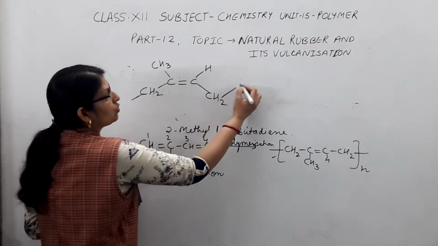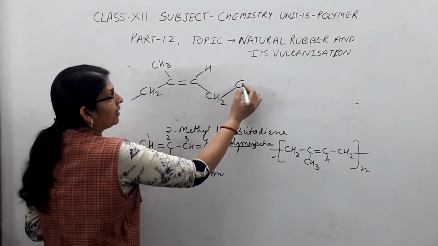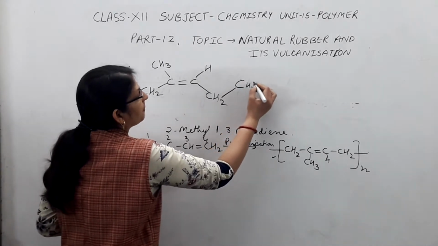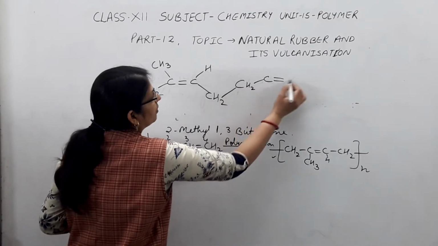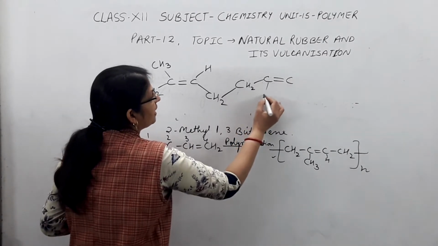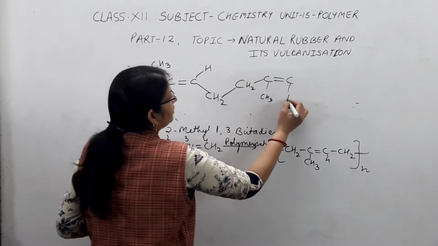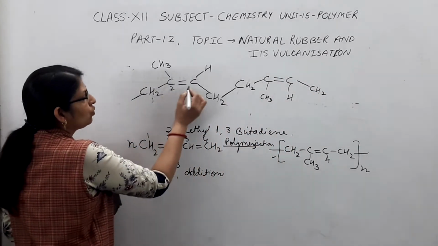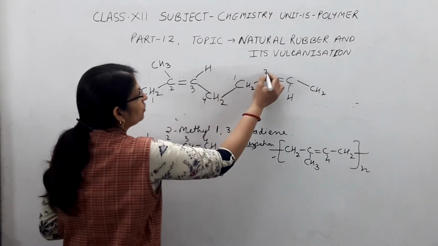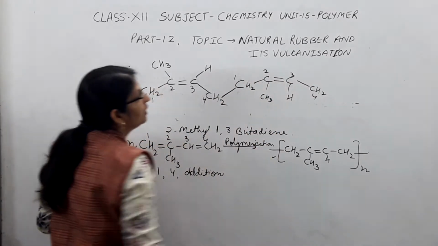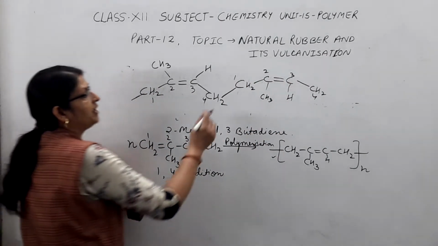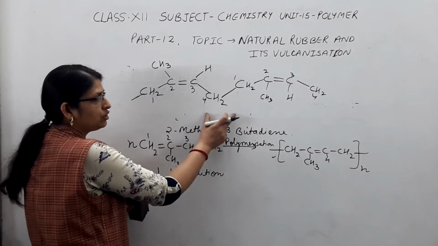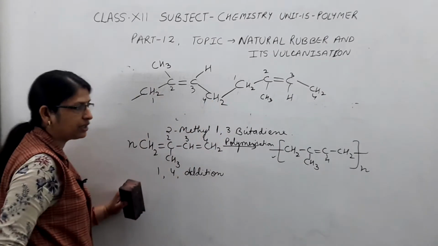In this CH2, the next monomer unit is joined by the other carbon, and here CH2, C double bond C, CH3, H, again the next carbon is joined. So 1, 2, 3, 4, 1, 2, 3, 4. That is the addition that takes place between the two monomer units. Two monomer units are joined by 1,4 addition.